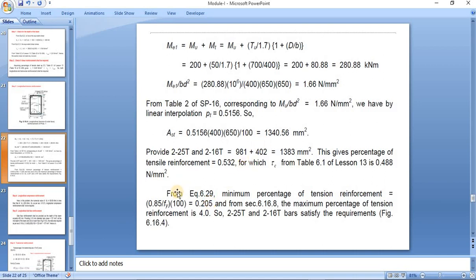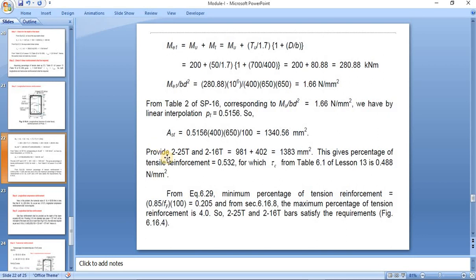We have provided reinforcement more than the minimum. If the provided reinforcement is less than the minimum, we have to increase it to the minimum. But in this case the provided percentage is much more than the minimum, so we are not going to revise the percentage of reinforcement.